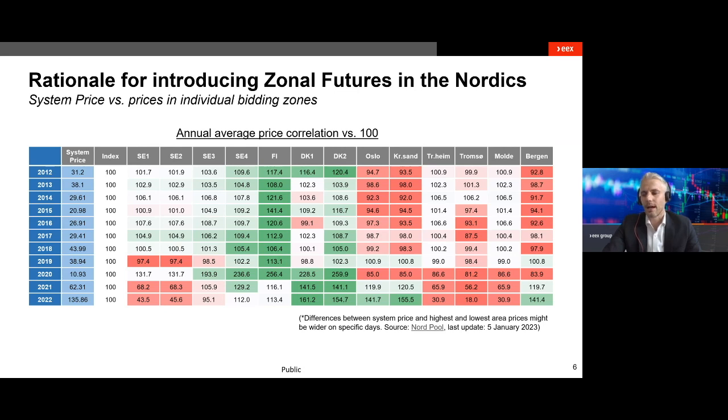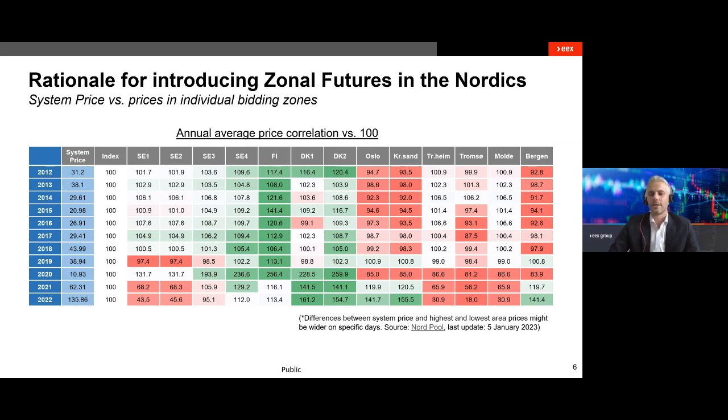When we look at last year, 2022, here on the bottom of the page, you can see for Denmark 1 and Denmark 2, there was very little correlation. And when we look at Trondheim and Tromsø, on the other end of the scale, also very little correlation to the system price, as these markets came either significantly higher or lower compared to the system price.